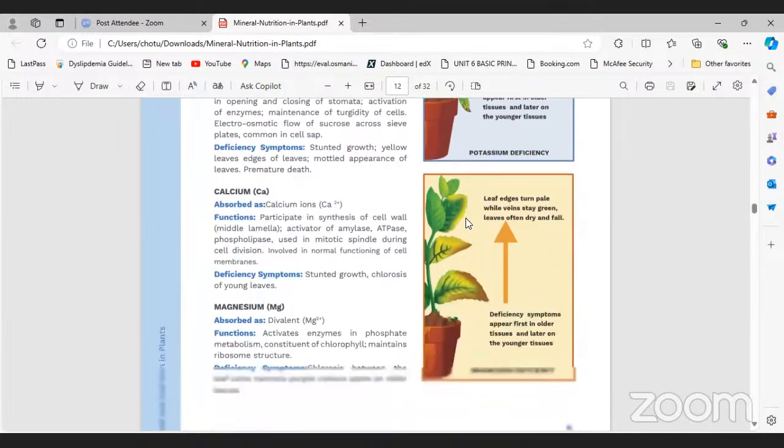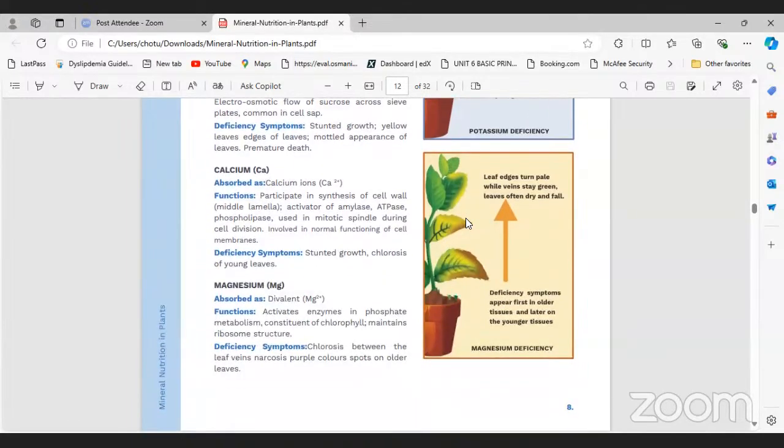Next one is calcium. It plays a predominant role in composition of cell wall and protoplasm.